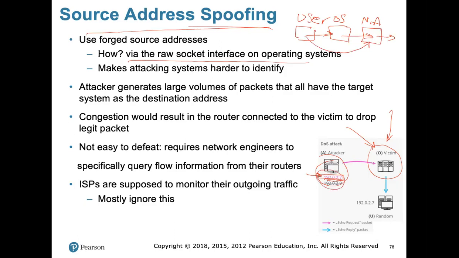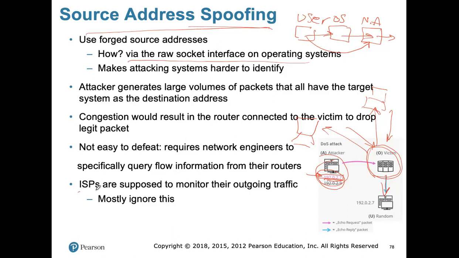You can change it, and that way the victim or the server receives too many ping requests and replies to random clients, because every ping packet produced by the attacker has a random IP address. So this is another version which is not easy to detect from the server's point of view, because the server is not able to understand who is the actual initiator or sender of all of these.